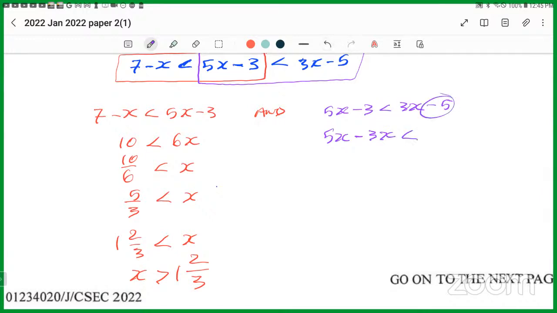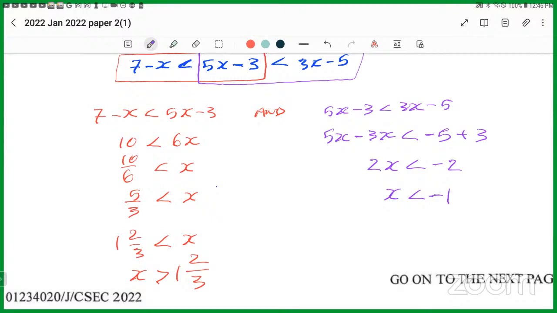This is negative 5, and then this negative 3 goes over and becomes a positive 3. Now this side becomes 2x, less than, this becomes negative 2. And then divide by the 2, I get x is less than negative 1.